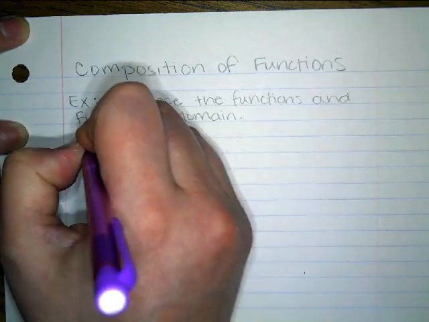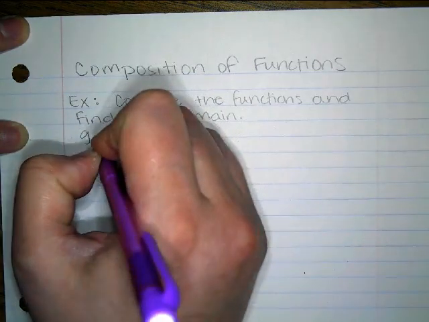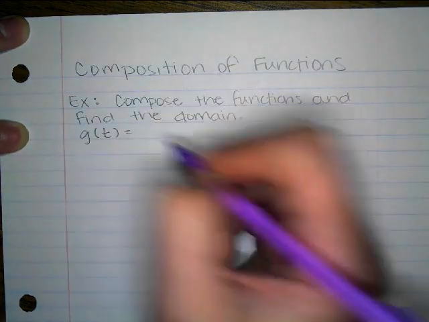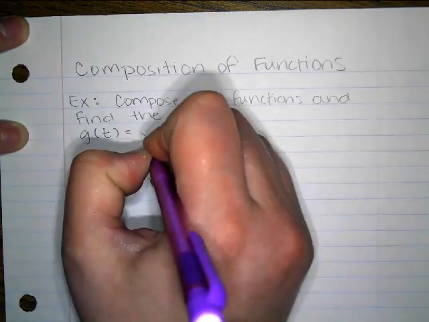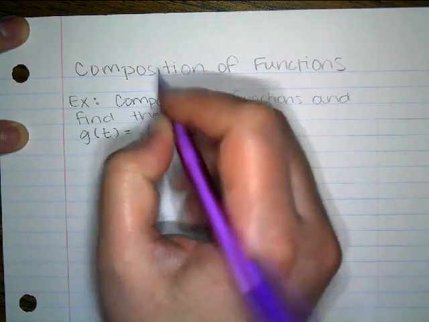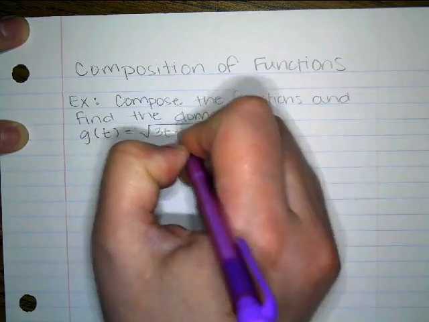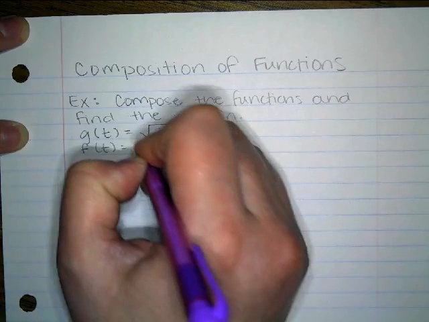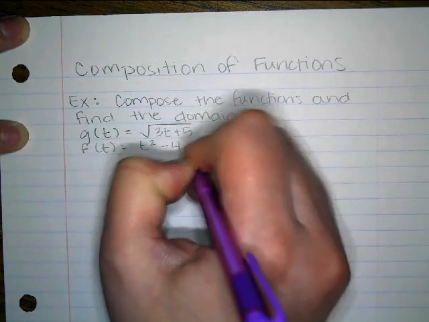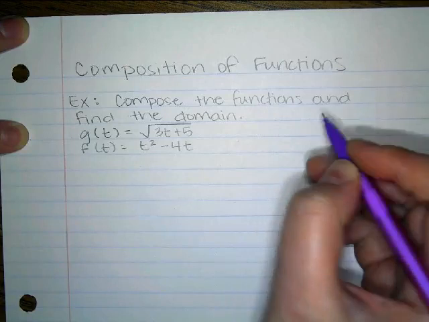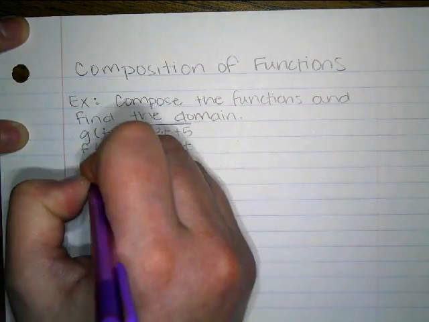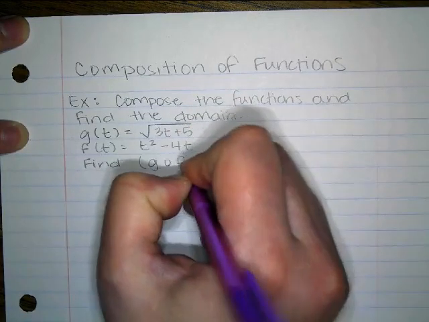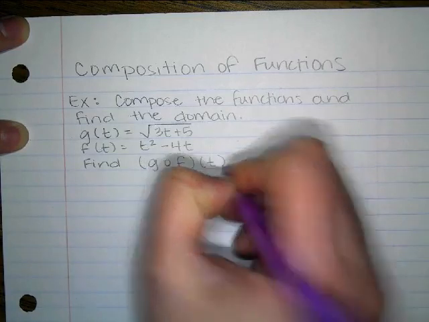Okay, so they're going to give us that the function g of t, they decided to make t what the function was in terms of instead of x, is the square root of 3t plus 5, and then f of t is going to be t squared minus 4t, and they're going to have us find g of f of t.